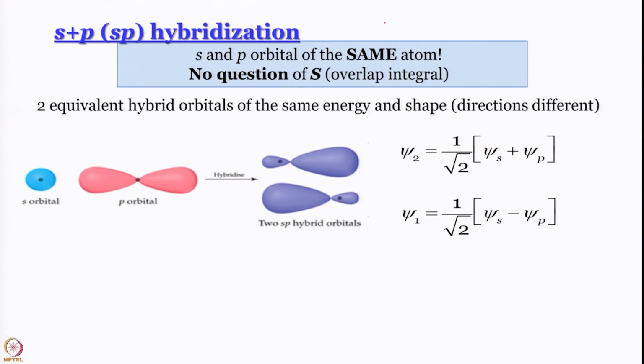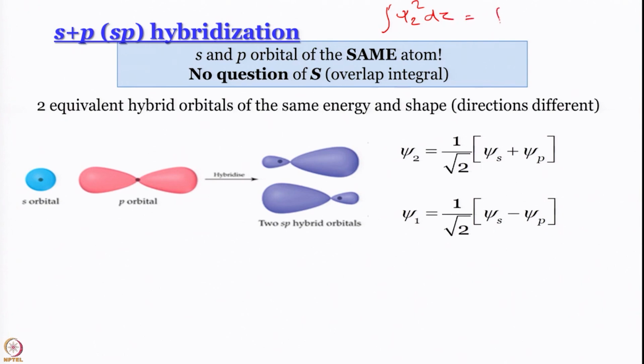So what is your integral psi 2 square d tau? I will write it in a little shorthand notation.